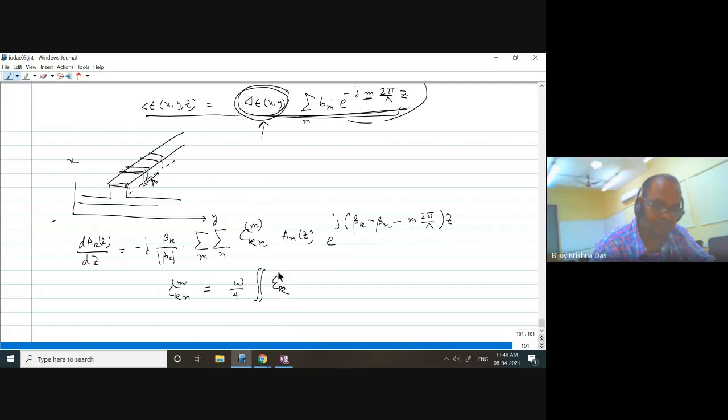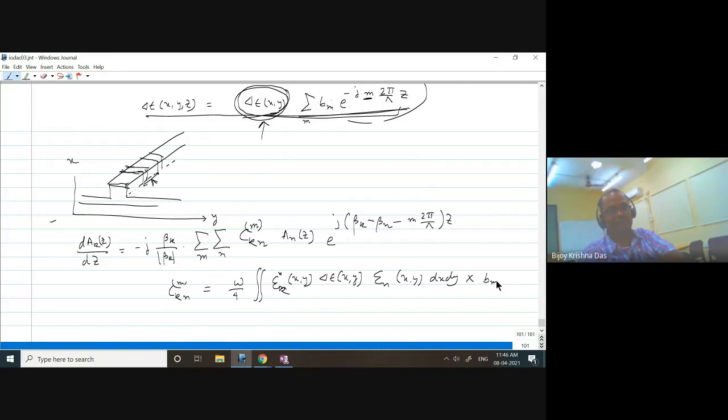Ek star xy delta epsilon xy, because that has been decomposed into xy and z dependencies there, and En xy dx dy times Bm, right?